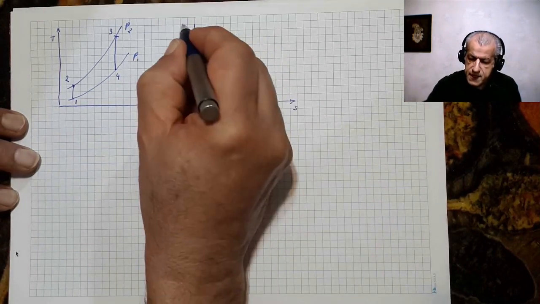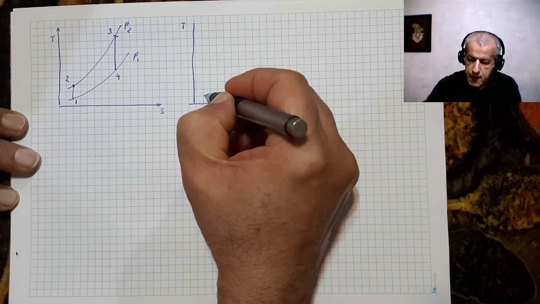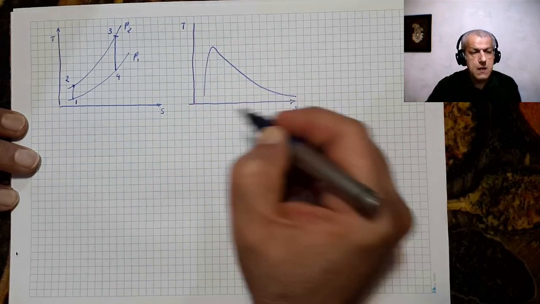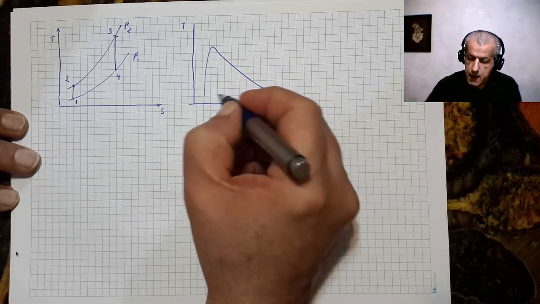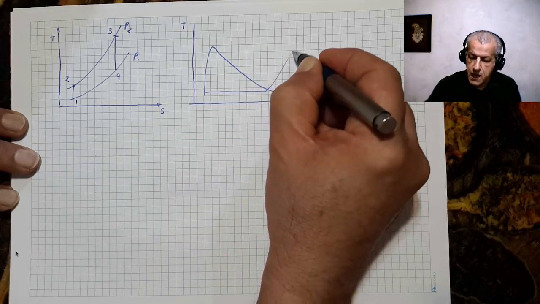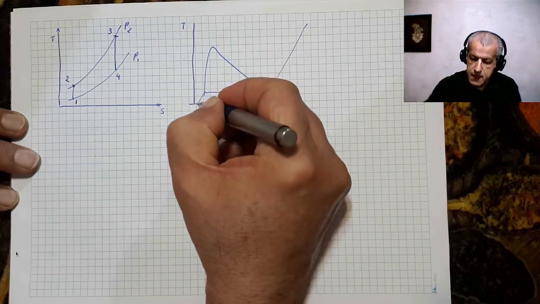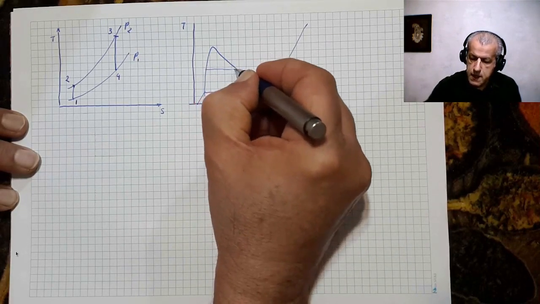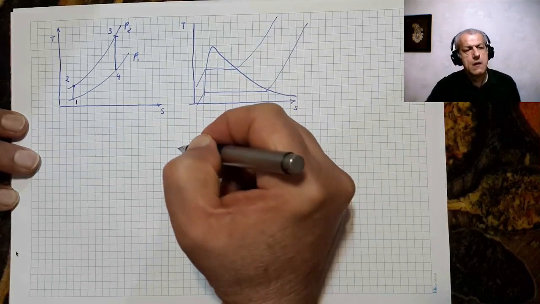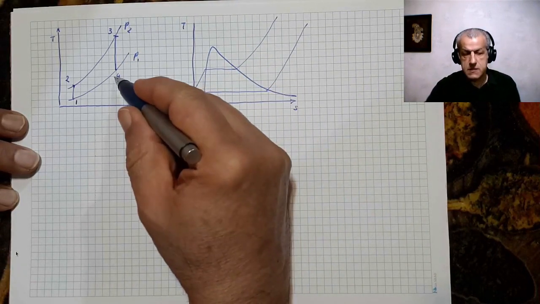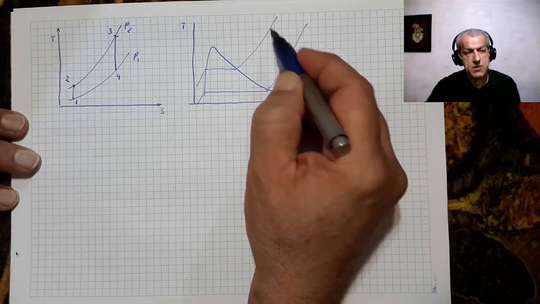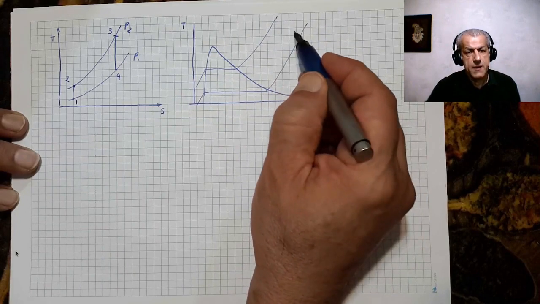If this is the TS diagram and this is the saturation dome, and these are two constant pressure lines, say this is one and this is the other. Okay, gas turbines work in very, very high temperatures. They work somewhere here.